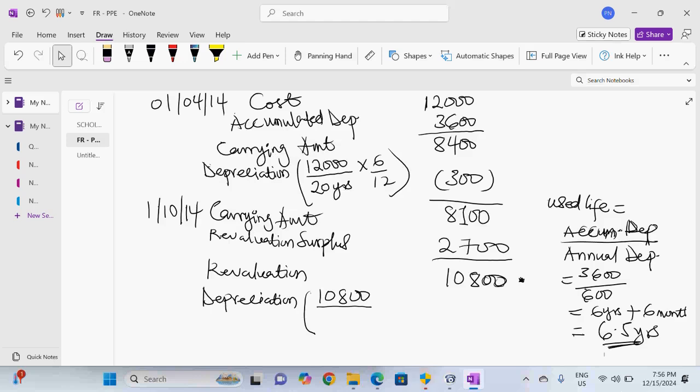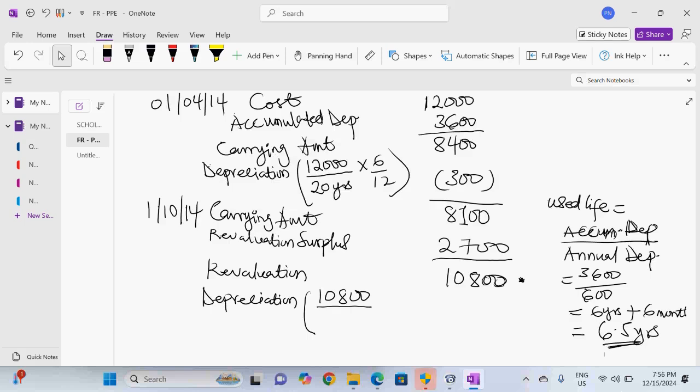Then you divide by the annual depreciation. So 3,900 over 600. What are you getting for that? 6.5.